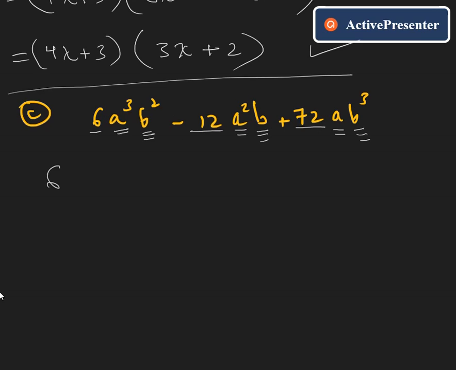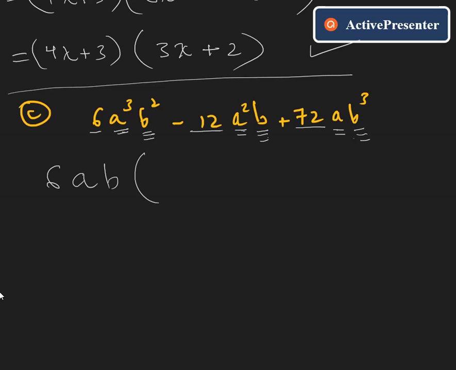Okay, and for a now, what is the greatest that divides them all? We have a cubed, a squared, a. So a is the greatest that divides them all. For b now, b squared and b cubed. What is the greatest that divides them all? It is b. Okay. So open parenthesis.